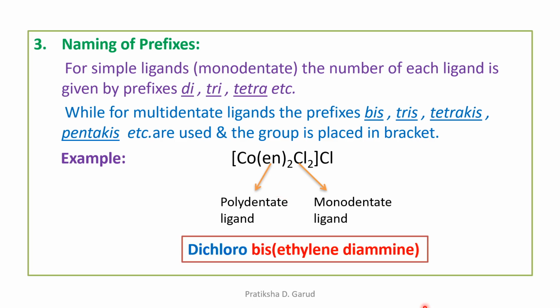So while writing the name, it is named as dichloro, because it is a negative ligand, and en is the neutral ligand. So it is dichlorobis. Bis, because en is multidentate and there are 2 of them. We are writing bis(ethylenediamine). Okay. So this is the third rule, which is called the naming of prefixes.